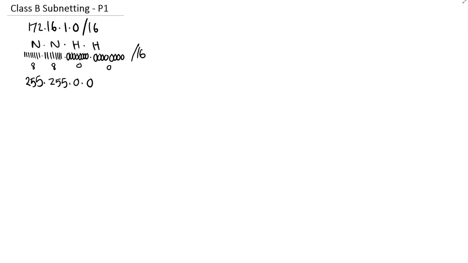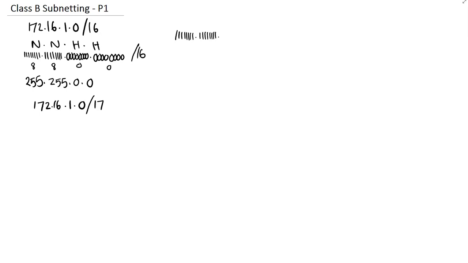Now, if we want to do subnetting and take an example, let's say 172.16.1.0, the same address, but instead of the default, we have /17. Now, what happened? For class B, you would know that it was N, N, H, H, so the first N was 1, 2, 3, 4, 5, 6, 7, 8, and the second N, 1, 2, 3, 4, 5, 6, 7, 8.